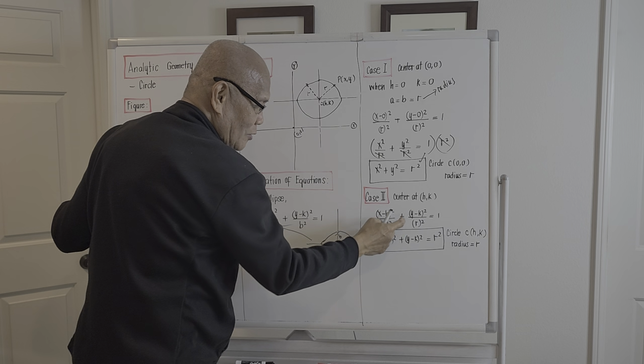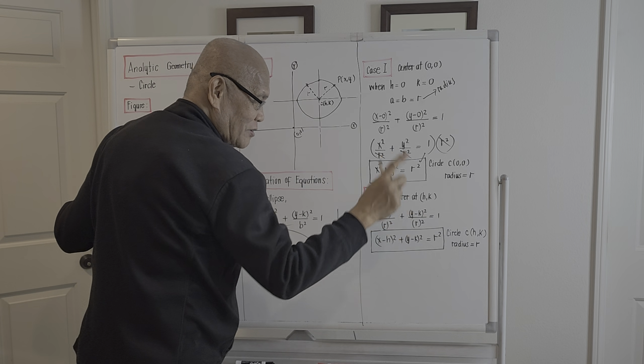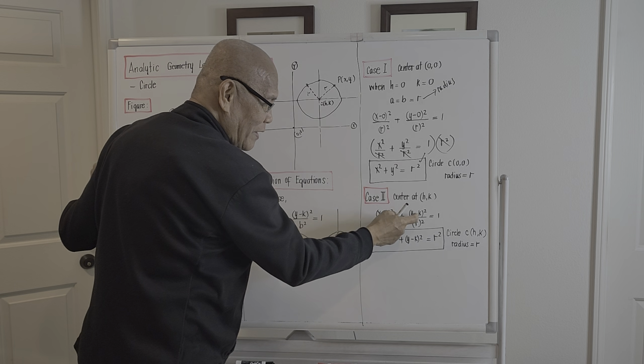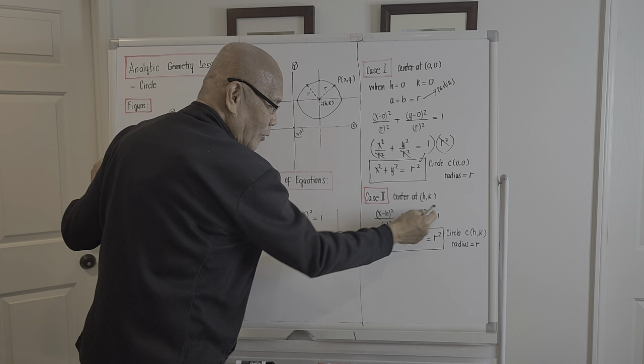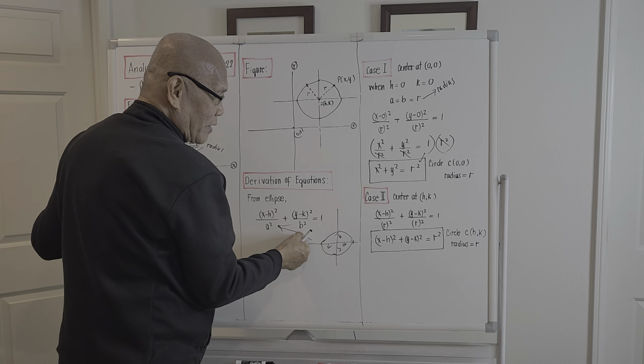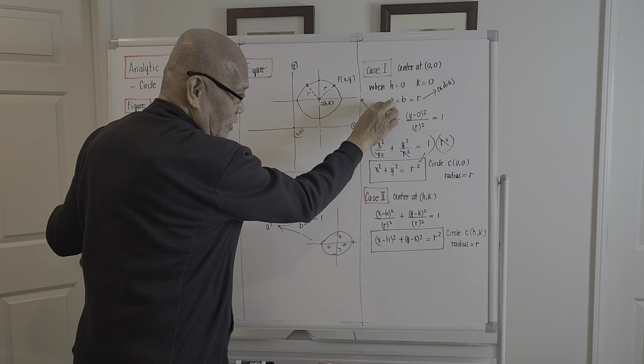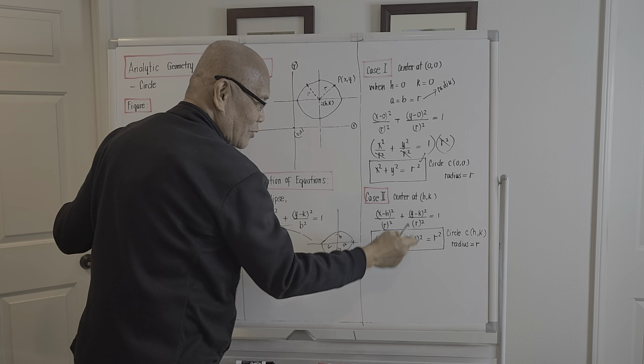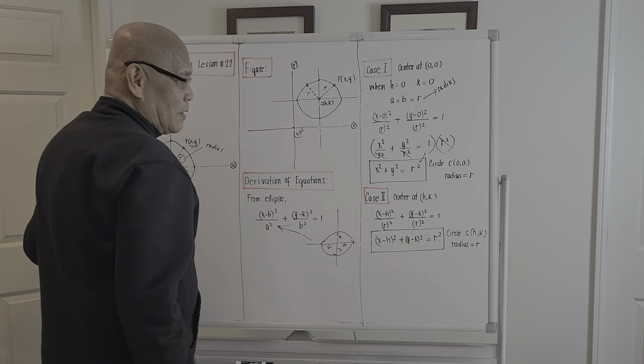Plus open quantity y minus k. K is not 0, it has a value, and the value of that one is k, so this will become minus k quantity squared all over b squared, but b is still equal to r, so this will still become r quantity squared, and this should be equal to 1.